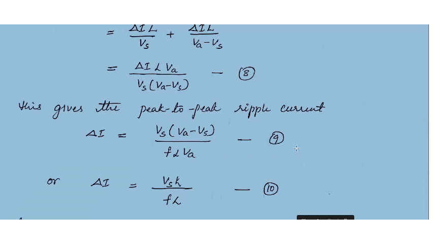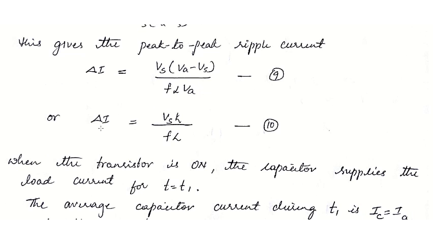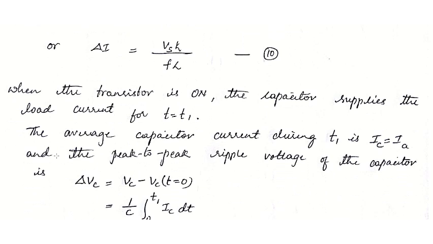Call it equation number 9. Writing the same thing in terms of duty cycle, delta I is equal to Vs K by F L. Call it equation number 10, in terms of K and 1 minus K.